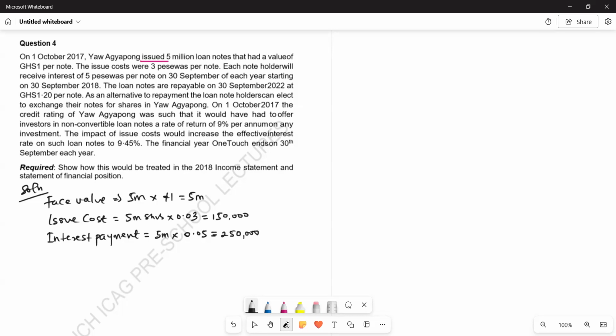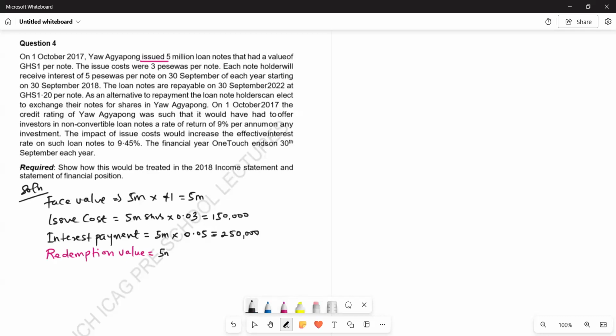The loan notes are repayable on 30th September 2022 at 1.2 per note. It means that it's payable at a premium. Do you see what I see? Because the nominal value is 1 cedi, but it is redeemable at 1.2, meaning it's redeemable at a premium.